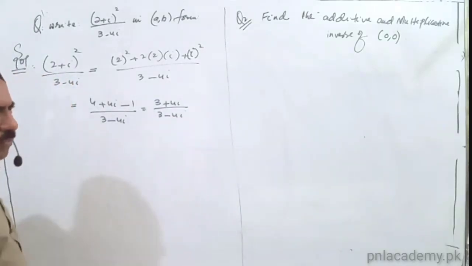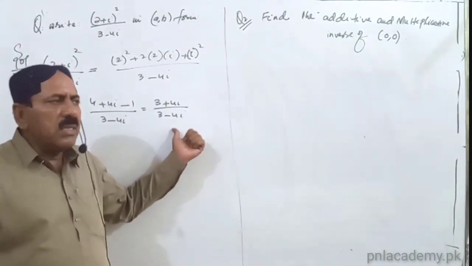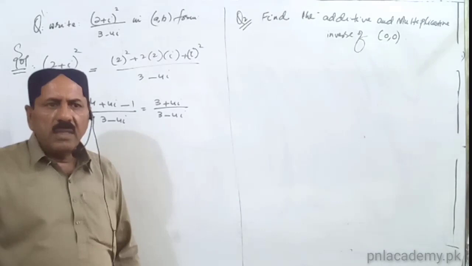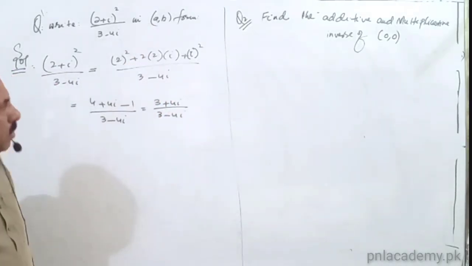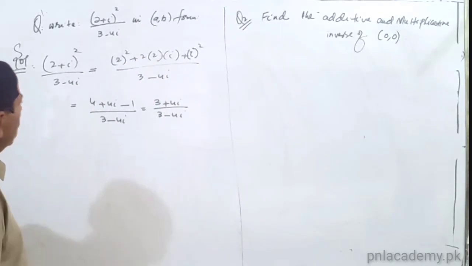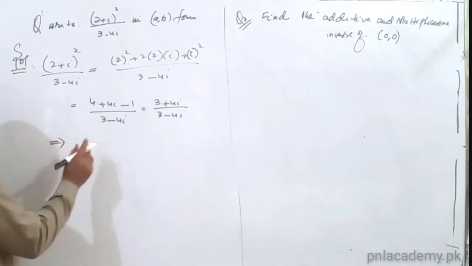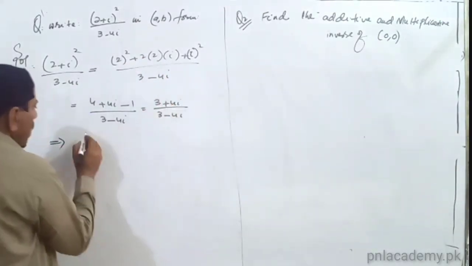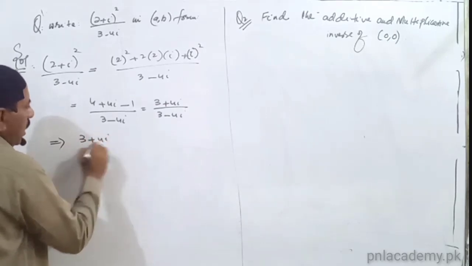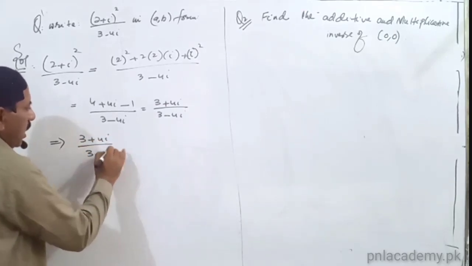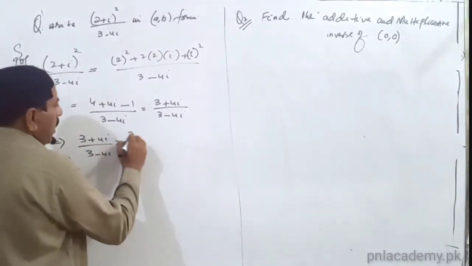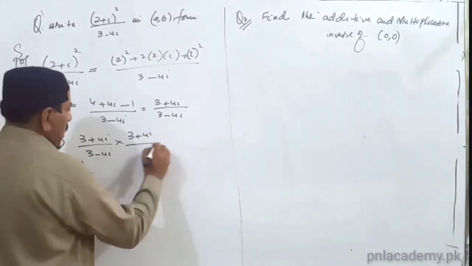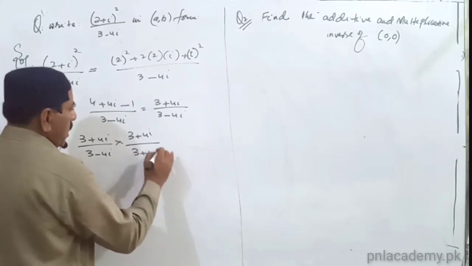So still, when the denominator consists of iota, we are not in a position to write it in the standard form. So we should rationalize the number, multiplying by 3 plus 4 iota upon 3 plus 4 iota.